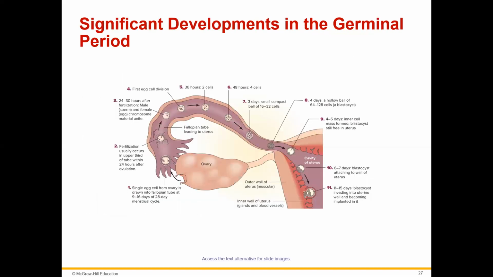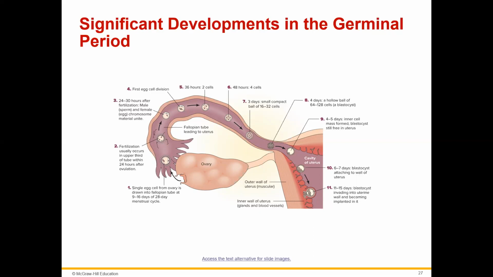This is a picture showing the journey during the first 2 weeks during this germinal period. So you can see the ovary there, and at some point during the monthly cycle, ovulation will take place, and a single egg cell will be released from the ovary.